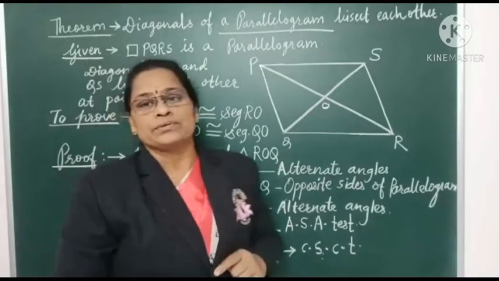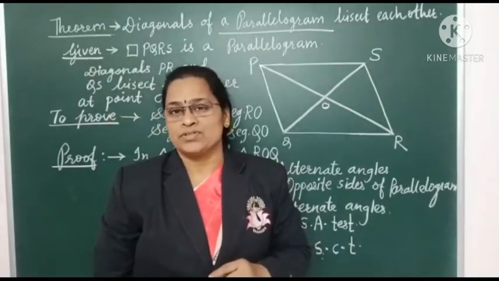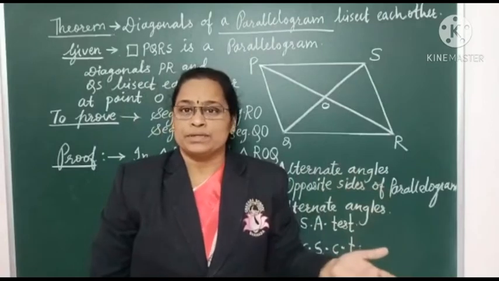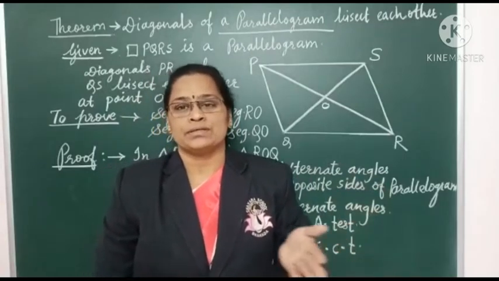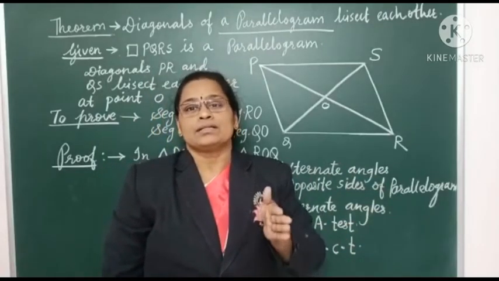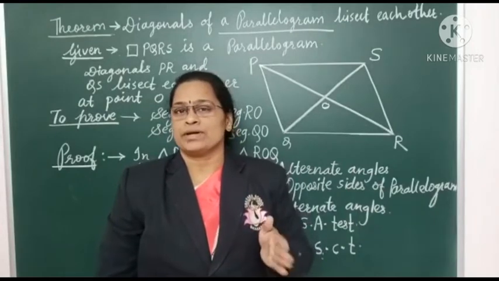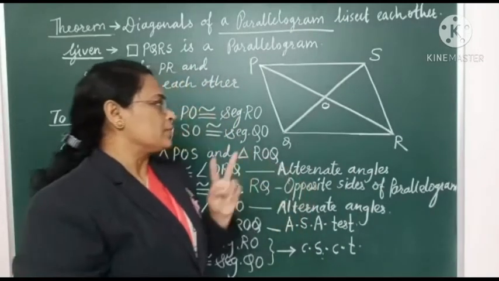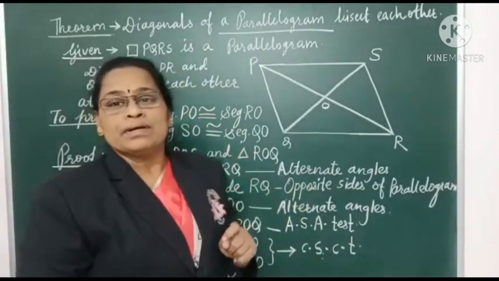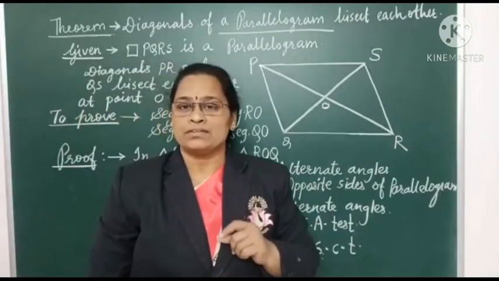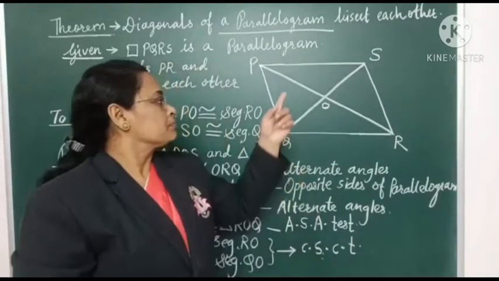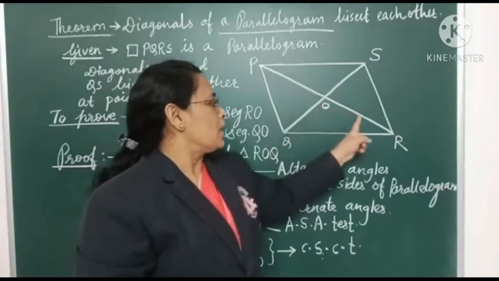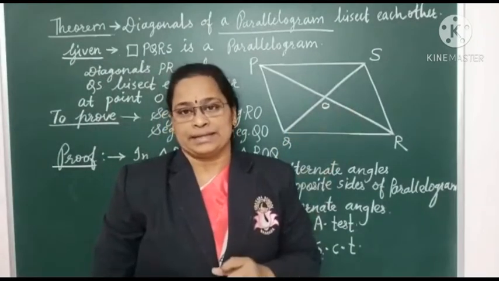For this purpose, we have to select a suitable pair of triangles. As we have to prove that some sides are congruent to each other, we'll take help of the tests of congruency of triangles. So we'll need two triangles. The suitable pair of triangles we'll select is the one in which PO, SO, QO and RO are the sides.